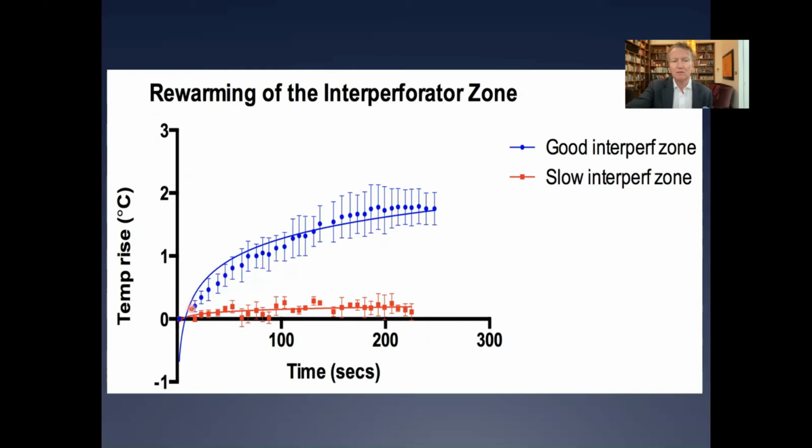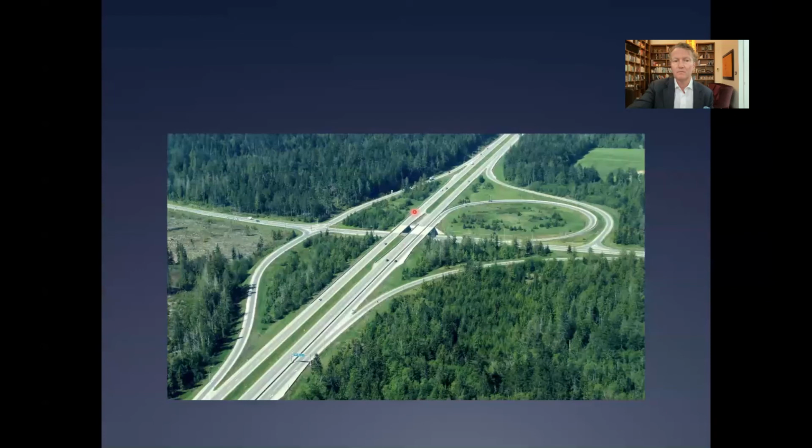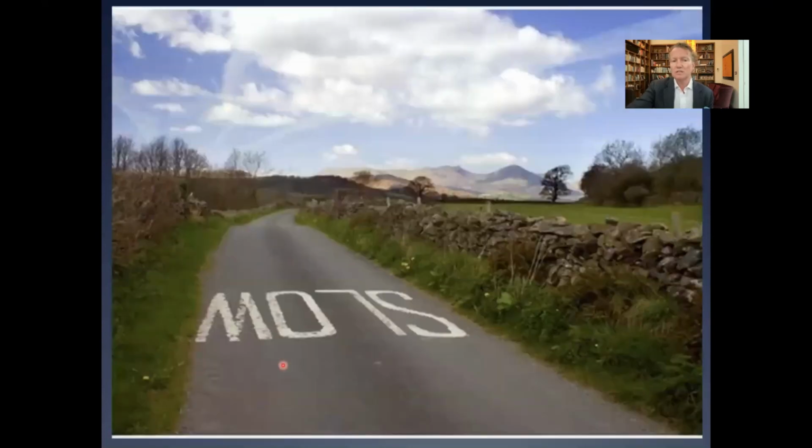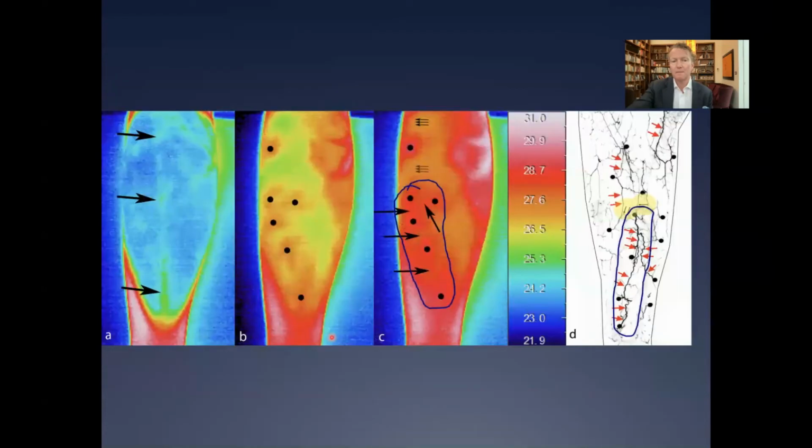And we can see that there were two distinct patterns: with the choke anastomoses, the rate of rewarming was very slow, whereas with a true anastomosis, there's a rapid rewarming of tissue. The analogy would be that a true anastomosis is like a freeway between two perforators, and a choke anastomosis is like a country back road between perforators.